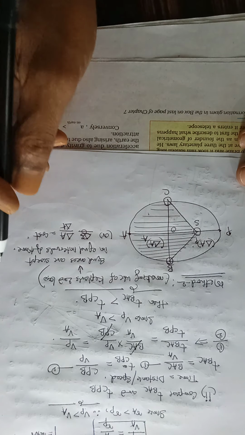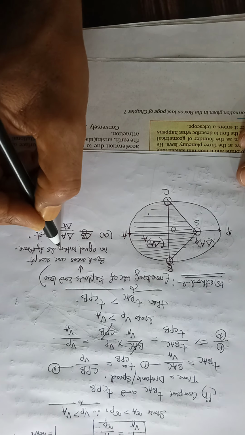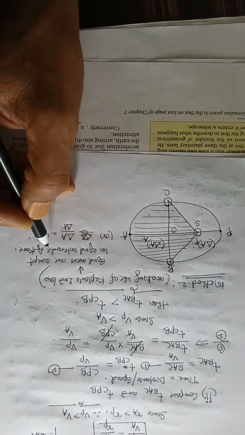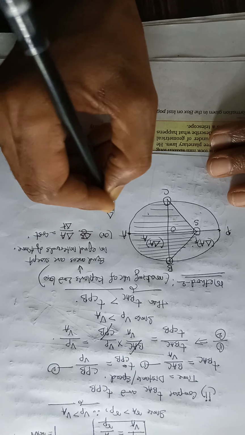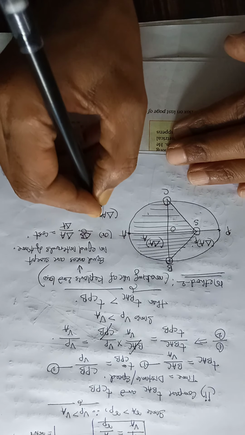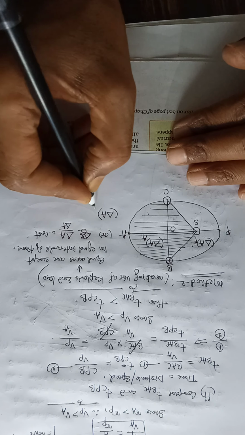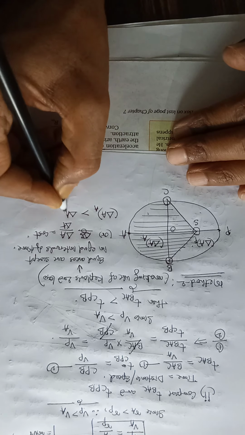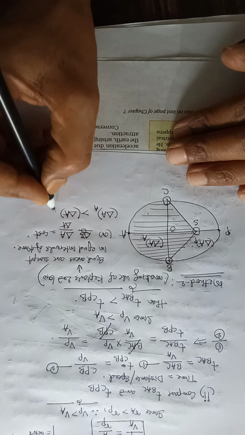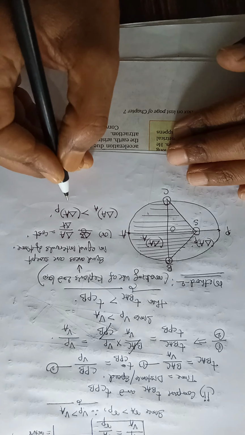So now, making use of this statement, looking at the diagram, area swept near aphelion point is larger than area swept at perihelion point.